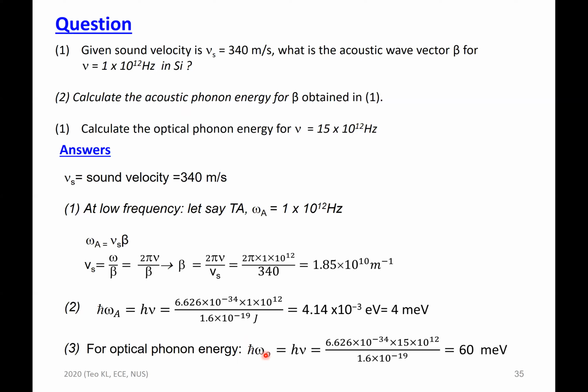So same thing, h bar omega is h mu, Planck constant times the frequency of the optical phonon divided by 1.6 times 10 to the power minus 19 joules, gives me about 60 meV. So in silicon, near beta equals 0, the optical phonon energy is 60 meV. So this is the characteristic of the optical phonon energy in silicon. If you have another phonon dispersion curve for gallium arsenide, the optical phonon energy will be different. It's about 36 meV.